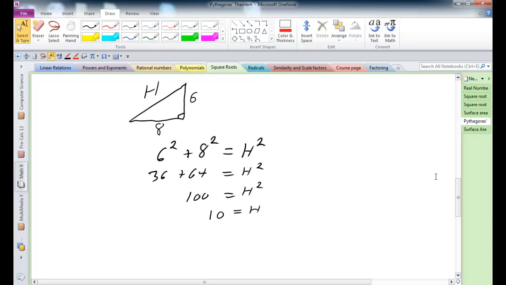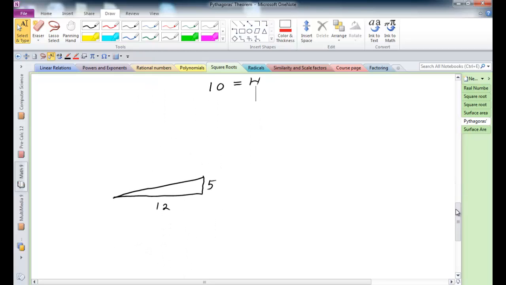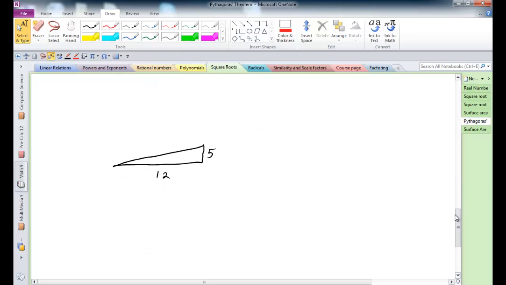It isn't always the hypotenuse that's unknown, although here's another one where it's an unknown hypotenuse. Let's do this one together. You can see it's going to be 12 squared plus 5 squared equals the length of the hypotenuse squared.